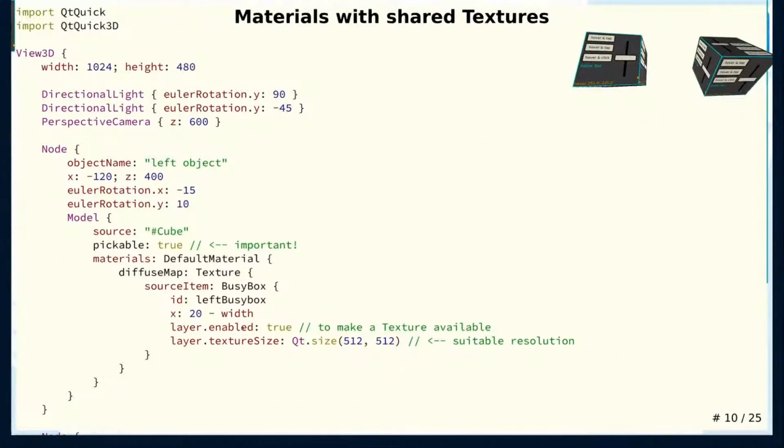So the way that works is you set layer enable true, and that makes a texture available. And then we set the texture size to 512 by 512 so that we get reasonable resolution in 3D. So you have some control over that. You can either save memory or you can make it really high res. The cube built-in type has texture coordinates, meaning UV coordinates, which go from 0 to 1 on each face of the cube.